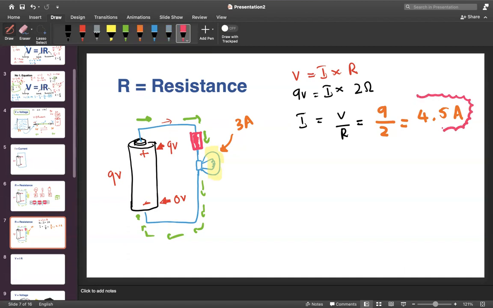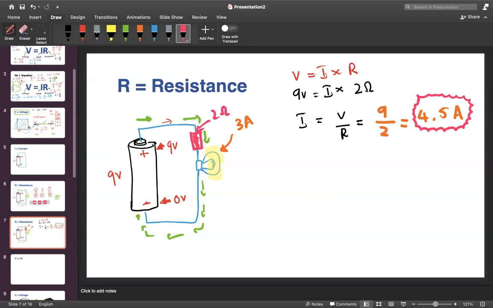We plug the resistor. Sorry? What did you say? Resistor, sir, plug the resistor. Right. Now think, we have plugged in the resistor, right? The value of that plugged resistor is this 2 ohms.